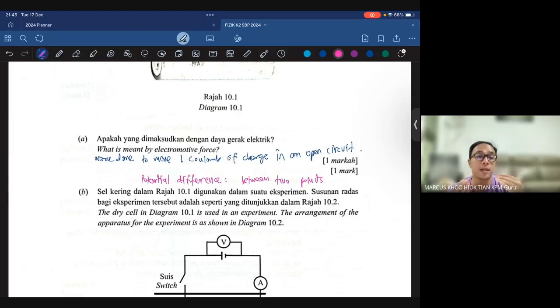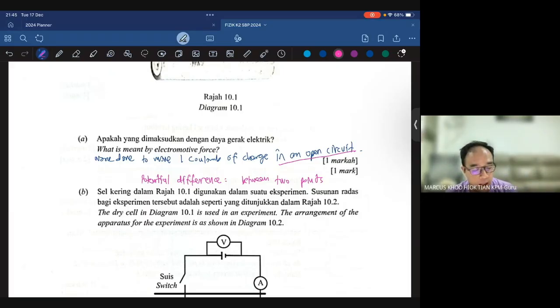The words are very similar, only the endings are different. So electromotive force is the work done to move 1 coulomb of charge in an open circuit. Potential difference is the work done to move 1 coulomb of charge between 2 points.